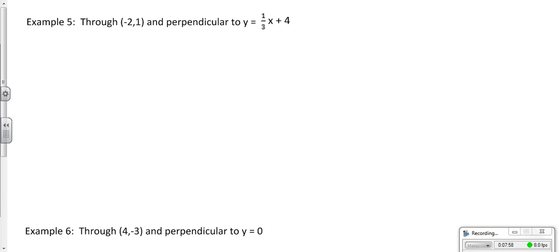Let's try perpendicular again. Again, pay close attention to what they're giving you and what they're asking for. Y minus y1 equals slope. Okay, well their slope is 1/3. We change it to 3 over 1 and opposite sign. So I'm just going to write negative 3. And then x minus x1.